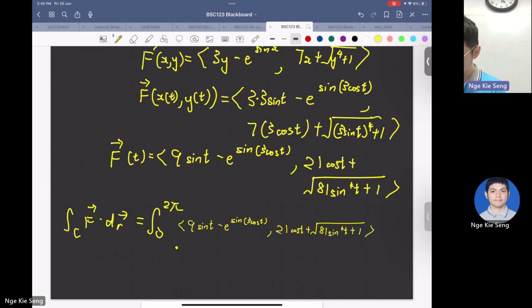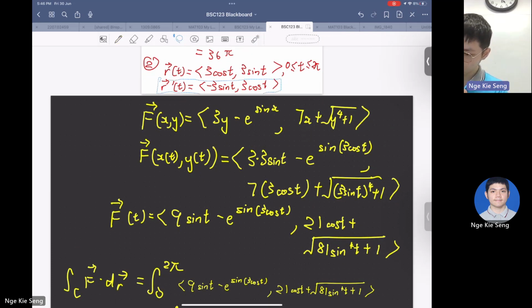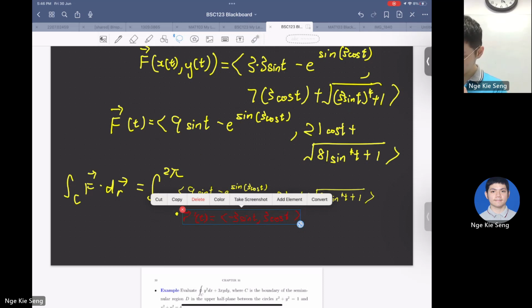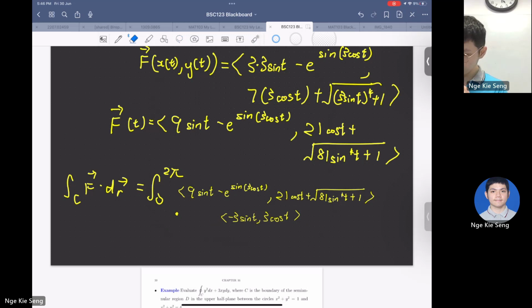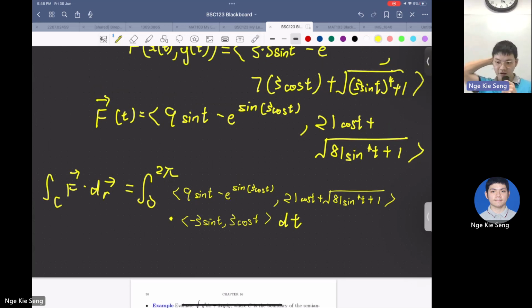And then this one dot with the vector of my curve. Yeah, r prime t is the tangent vector of my curve. So you dot these two together, expand it, and then do the calculation.